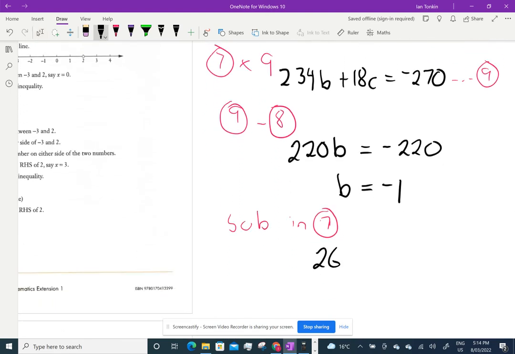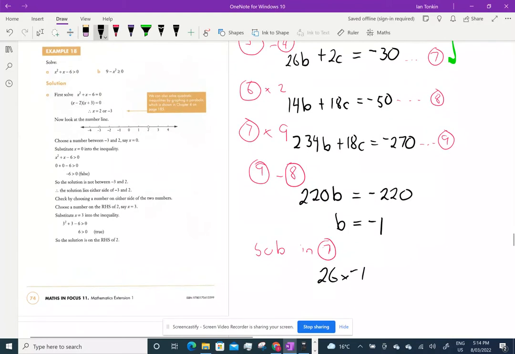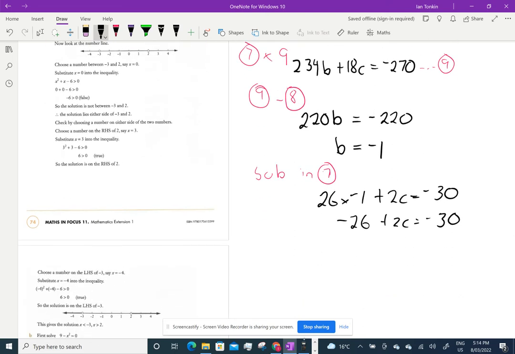So 26 times negative 1 plus 2c equals negative 30. So it gives me negative 26 plus 2c equals negative 30. So add that 26 over. 2c equals negative 4. c equals negative 2.